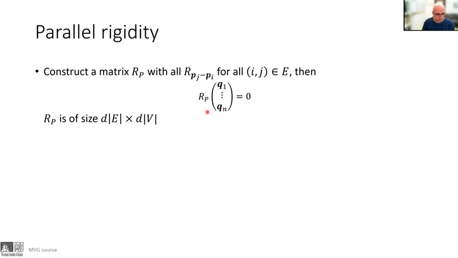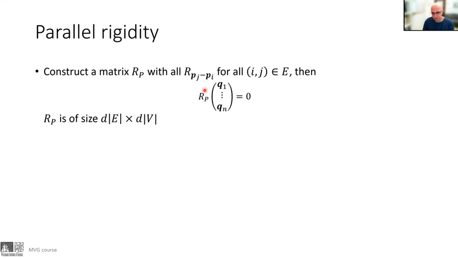Can you explain again why we do the subtraction between Pj and Pi? Because I want to represent everything in terms of the positions of the points. Pj minus Pi is the relational measure that I have on the edge. So you fix a j and you run it on the i?